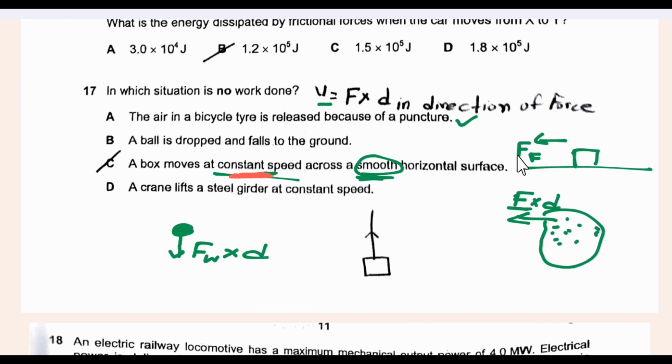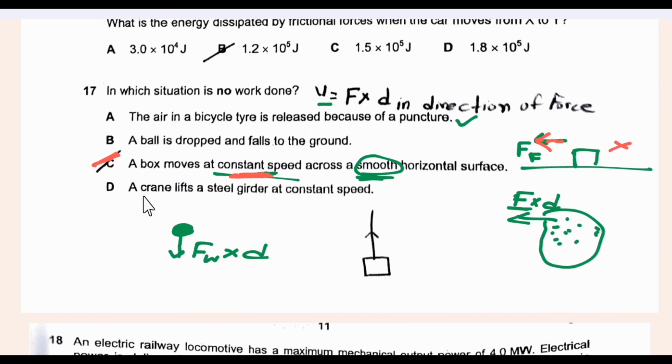Since it moves at a constant speed, the forward force is equal to the backward force, and since there is no backward force, there is no forward force. So no force is acting, and so no work is done. So the option could be C.